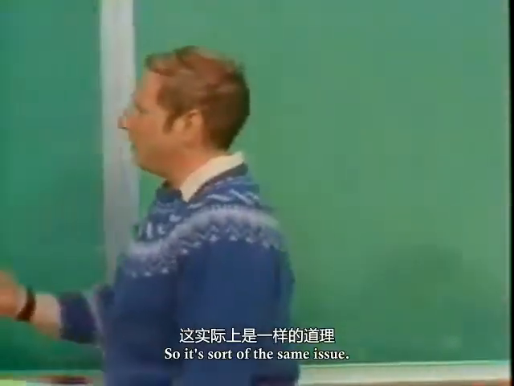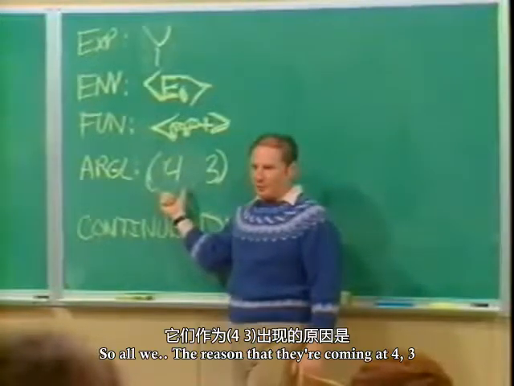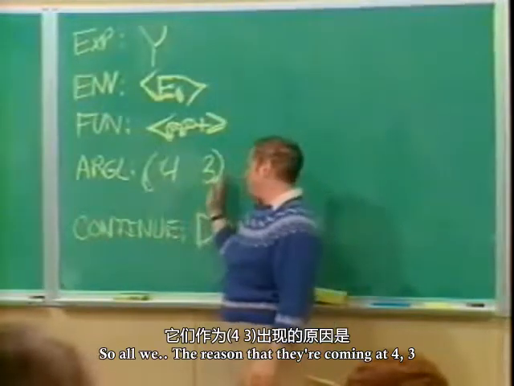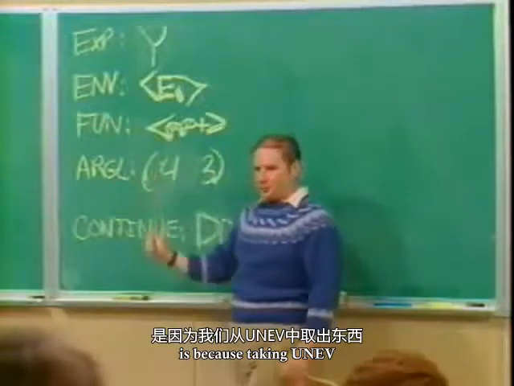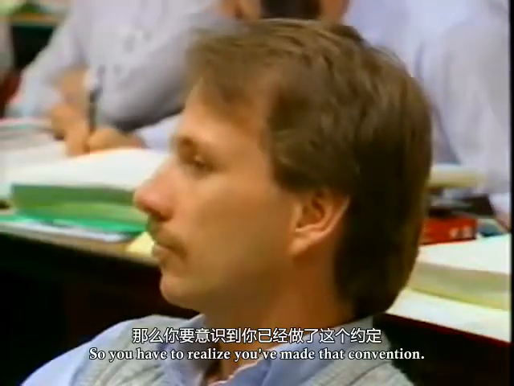So it's sort of the same issue. Reversed from what? We just need some convention. The reason they're coming out 4, 3 is because we're taking unev and consing the result onto argl. So you have to realize you've made that convention.